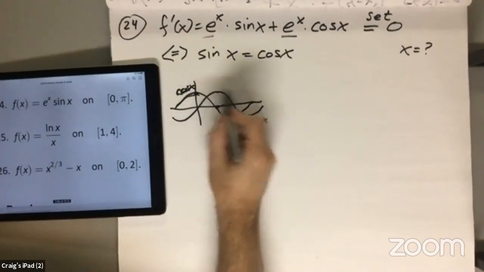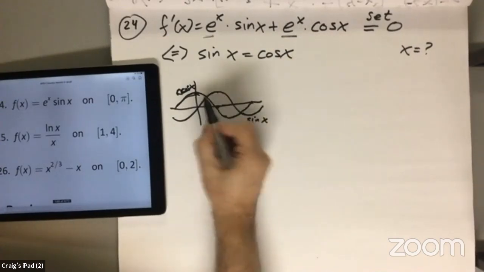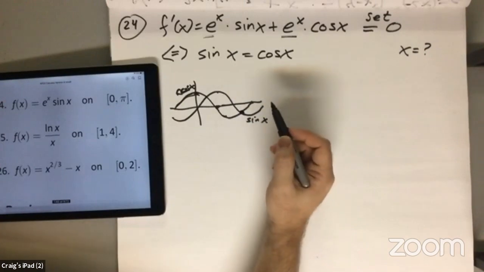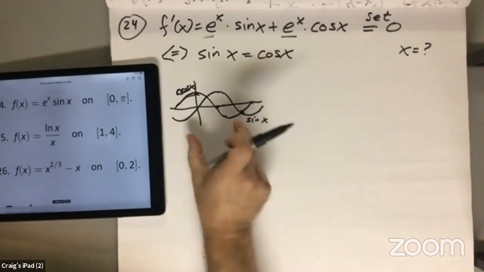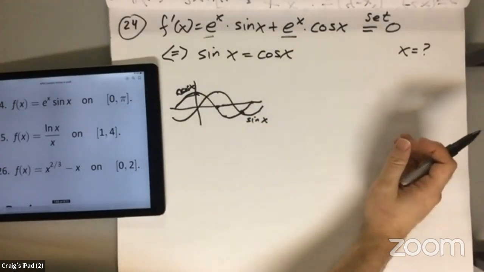The sine function starts at 0. And I'm wondering, where is sine of x equal to cosine of x? Well, there it is. That's where sine equals cosine. And there it is. Those are two spots. And there are going to be infinitely many more places where they cross each other as we move all the way through.